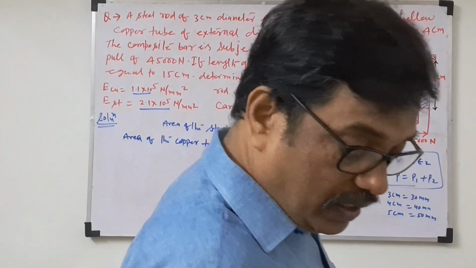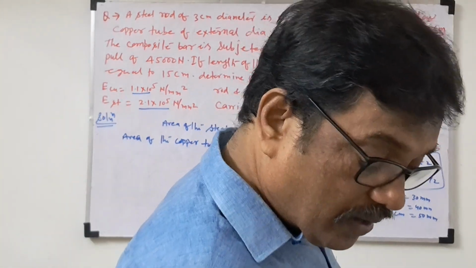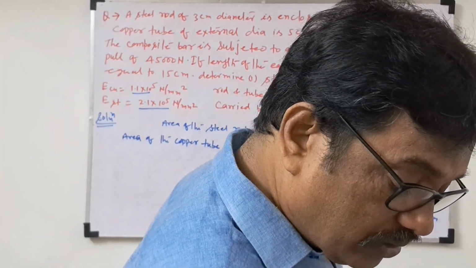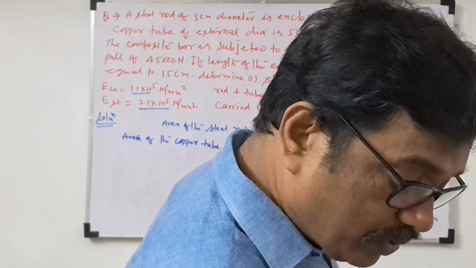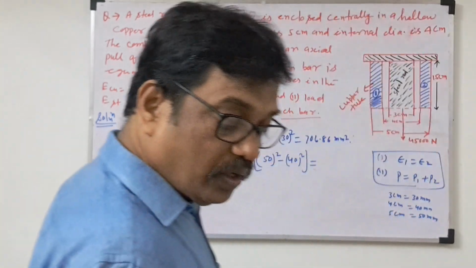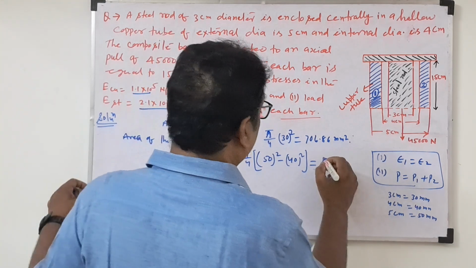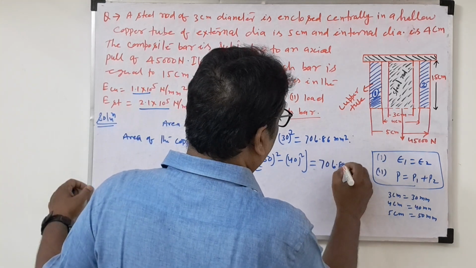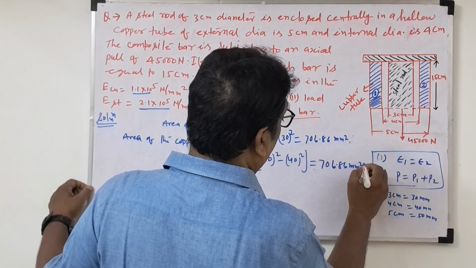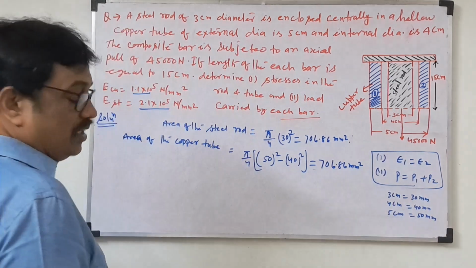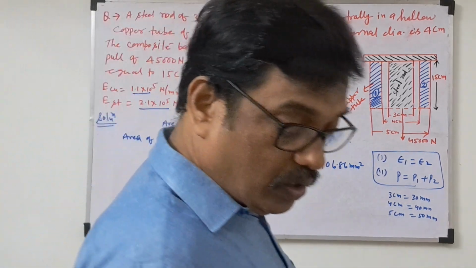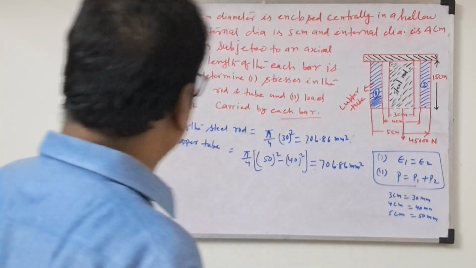How much value are we getting? This also gives 706.86 mm square, so this is also equal. It is not always equal, but in this case both areas are equal. Okay, we got the area.